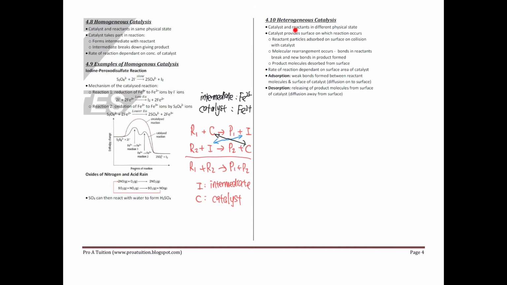The catalyst has a different role, not like just now. In homogeneous catalysis, the catalyst takes part and reacts with one of the reactants to form an intermediate. But in heterogeneous catalysis, the catalyst has a different role: the catalyst provides a surface on which the reaction occurs.